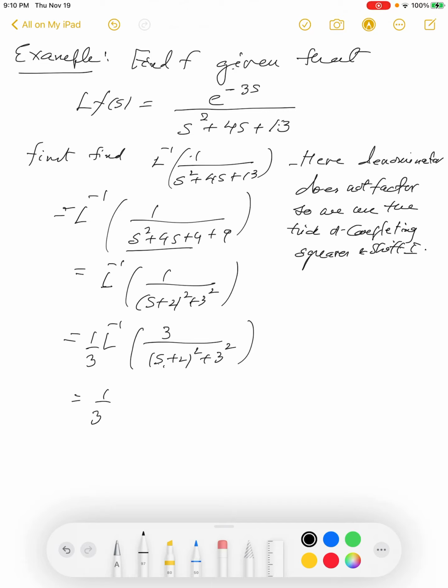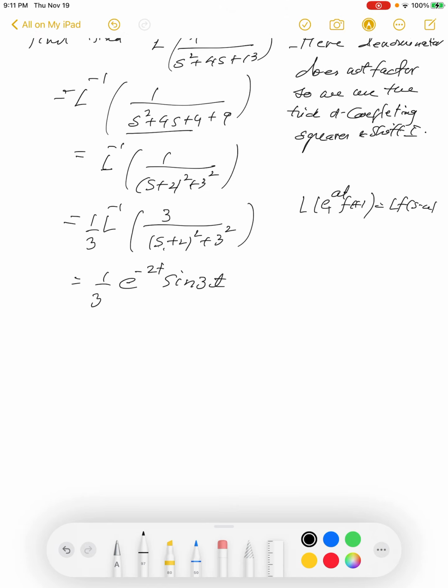But because of the shift by minus 2, recall shift formula 1: Laplace transform of e to the at f of t is LF at s minus a. Your a is minus 2, so this is going to be e to the minus 2t sine 3t.